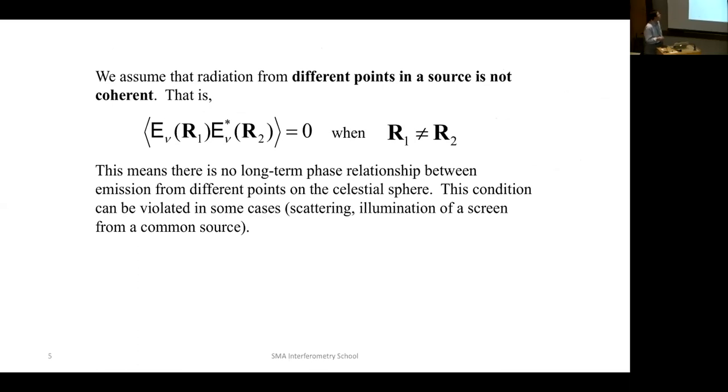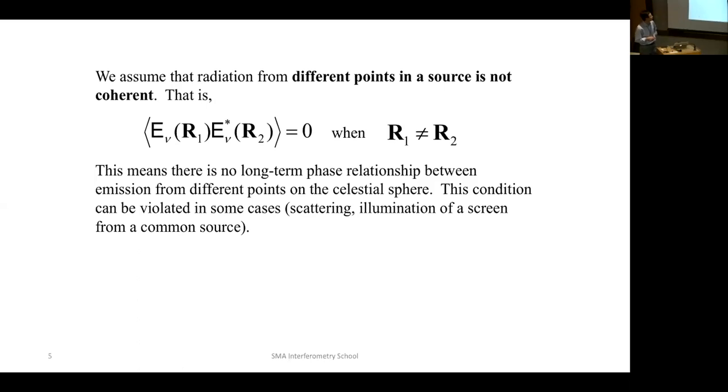Okay, so let's make an assumption here: assume that radiation from different positions in a source is not coherent. That simplifies this integral greatly, because the cross-correlation of the two is zero unless the radiation is coming from the same position.